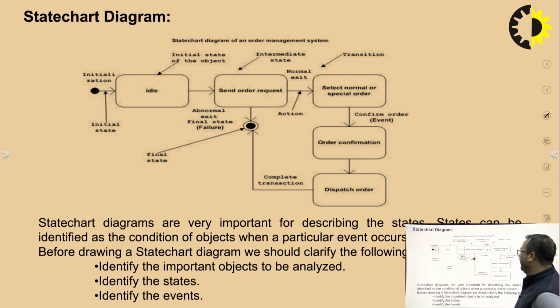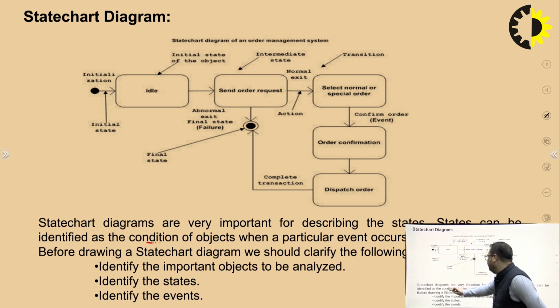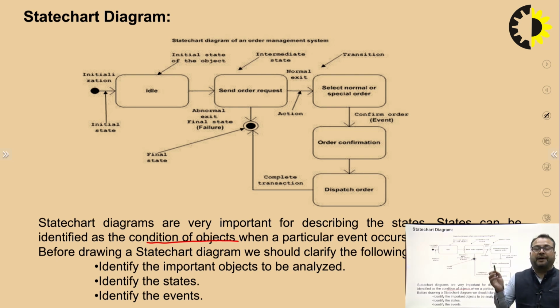States can be identified as the condition of objects. For example, for a customer order, the condition is whether it is a special order or a normal order. If it is a special order, whether the customer has confirmed or not. These are the various states, the condition when a particular event occurs.